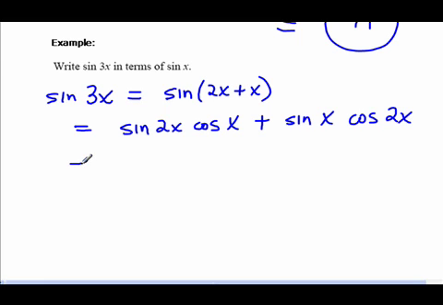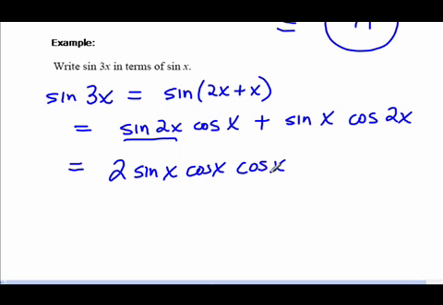We'll use our new double angle identity here. Sine 2x is 2 sine x cosine x with the existing cosine x. And on the right hand side, we're going to take out this guy right here and replace it with the cosine squared minus sine squared version.